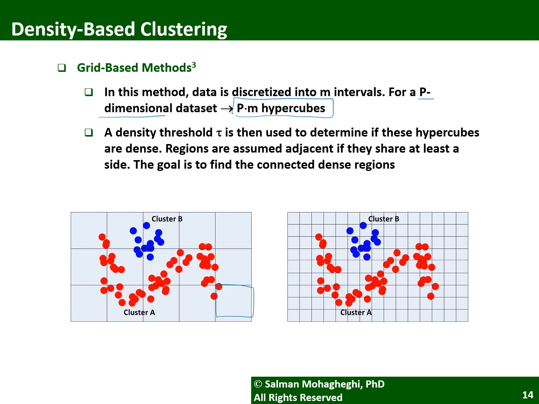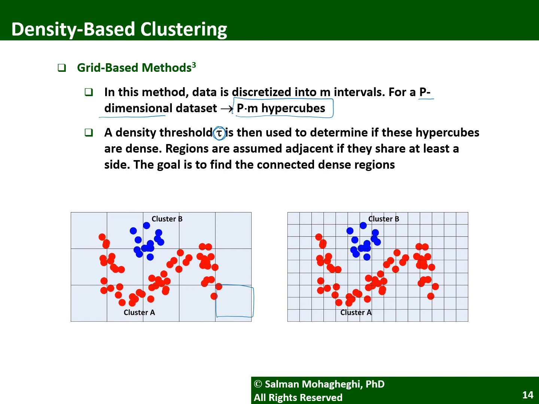Once you have those hypercubes, you will have to decide on a density threshold. We call it tau. You look at each of those hypercubes, and if you have more data points than tau in that hypercube, you consider that hypercube to be dense. Otherwise, it's not going to be dense. And then the regions that are dense, if they are sharing, for example, one side with one another, you connect them together and they become a pseudo data point.